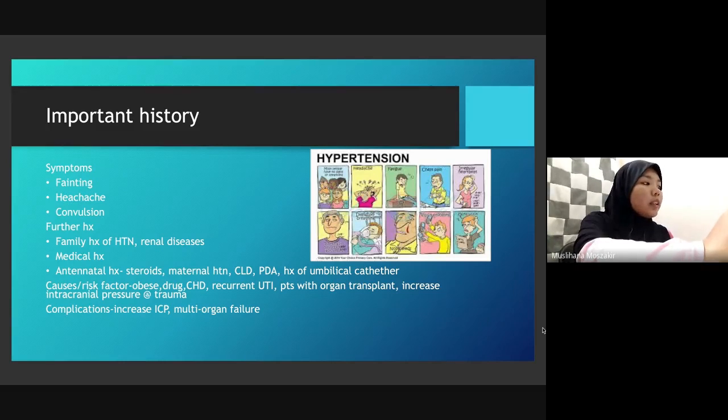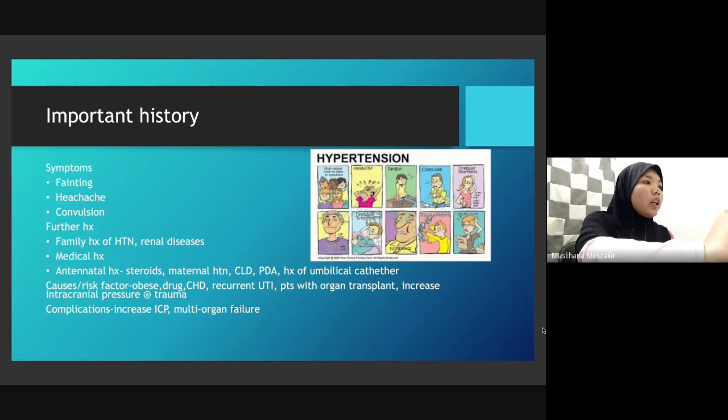The catheter is related to hypertension as there might be thrombus formation at the time of the line placement. So it is important to ask regarding the antenatal history.